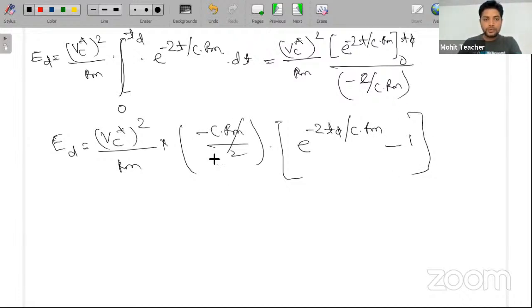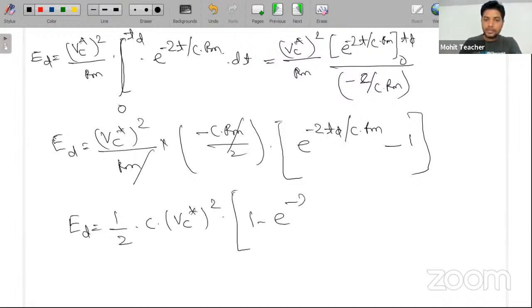Now this will cancel out, and taking the minus inside, it becomes 1 minus e to the power. What remains is ed equals 1 by 2 into C into VC star square into 1 minus e to the power minus 2 TD upon C RM.